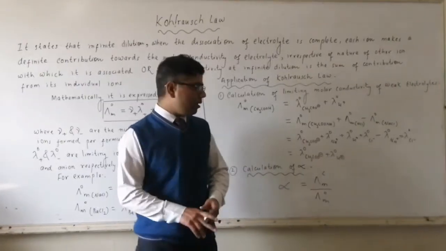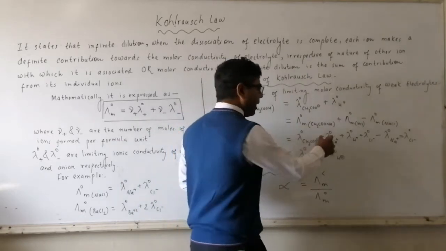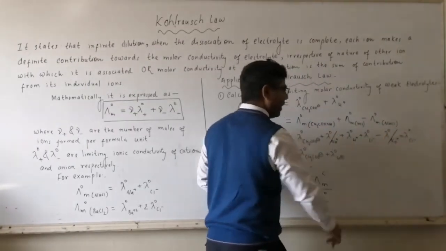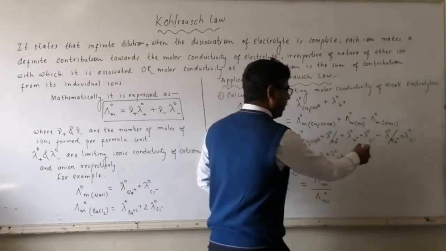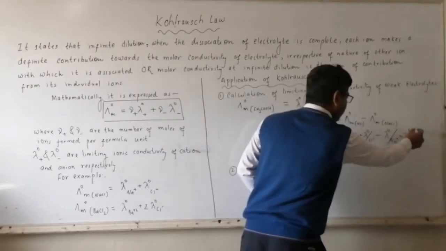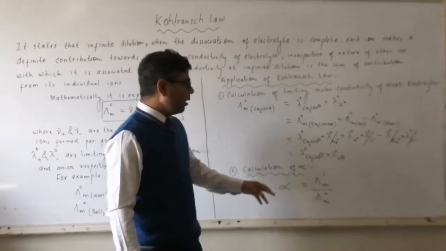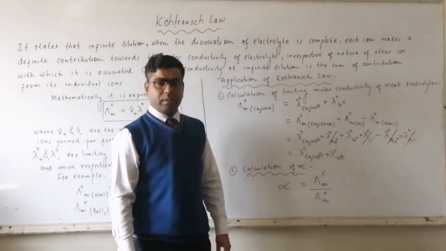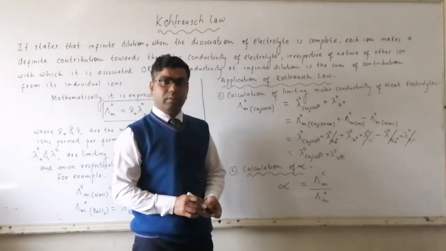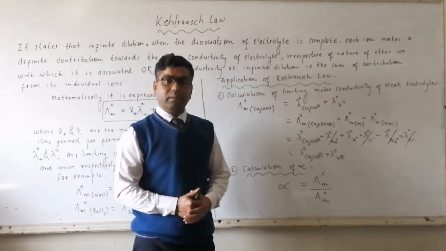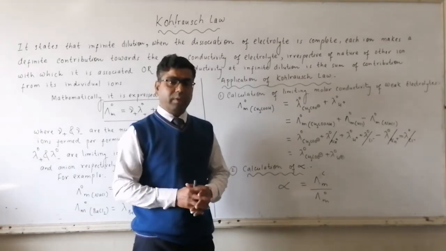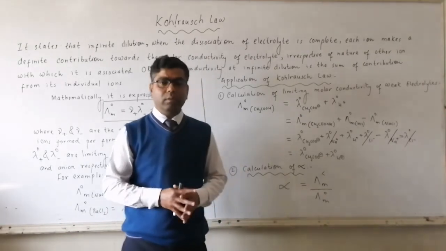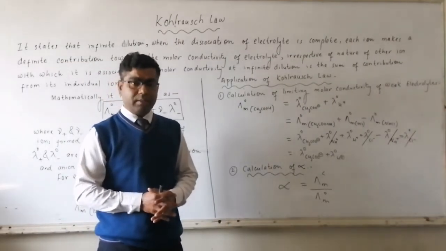So on rearrangement, the contribution made by Na plus will cancel out the contribution made by Na plus. The contribution made by Cl minus will cancel out the contribution made by Cl minus, leaving behind the contribution made by acetate plus the contribution made by H plus. So in this manner, we will calculate the limiting molar conductivity for a weak electrolyte. Be careful while choosing the strong electrolytes.